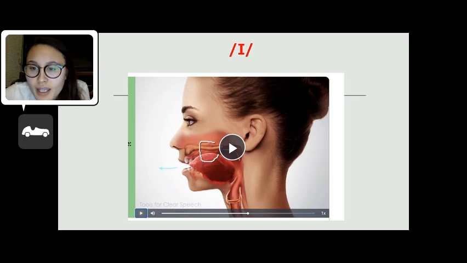That's why there is more space between the tongue and the roof of the mouth, and more space between the tongue and the front of the mouth, because the tongue is more relaxed and in the center of your mouth.